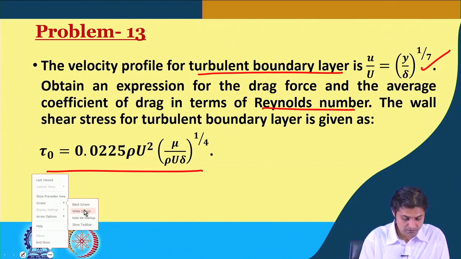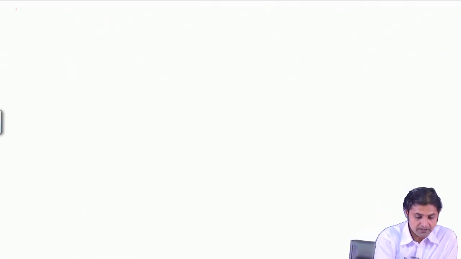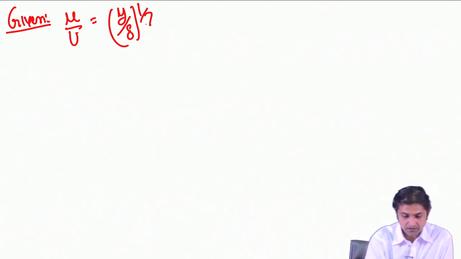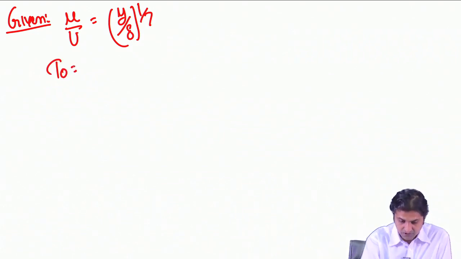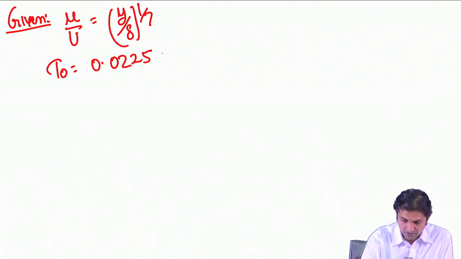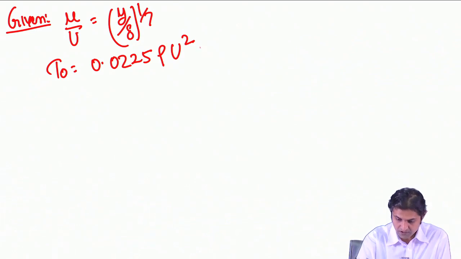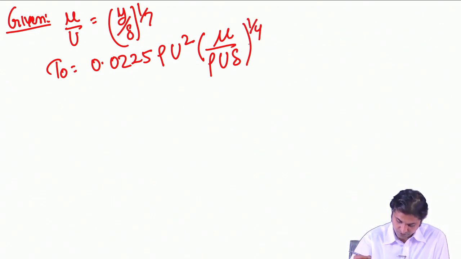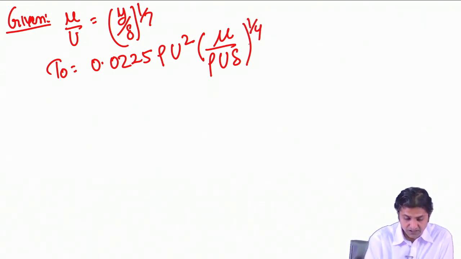We simply go to the white screen and write the things that are given. u by capital U is given as y by delta to the power 1 by 7, where tau naught is 0.0225 rho U square into mu by rho U delta to the power 1 by 4.